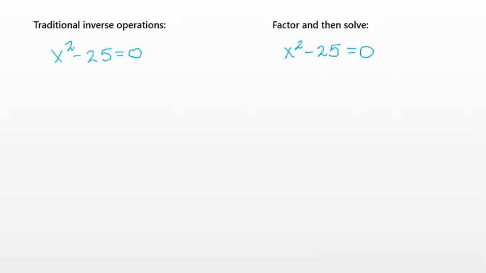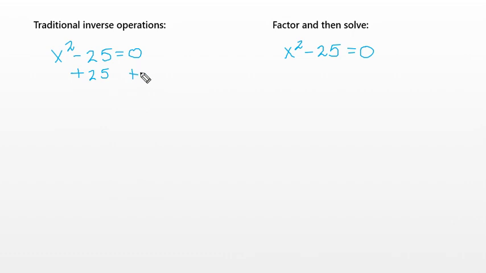And so we're going to look at this one equation and how we can solve it using the traditional inverse operations method versus the factoring method, which is what we've been looking at in the last couple lessons.